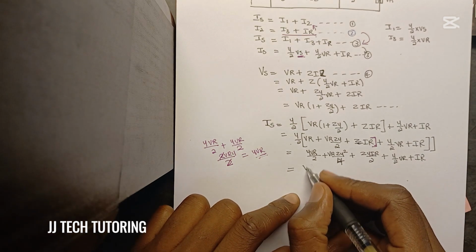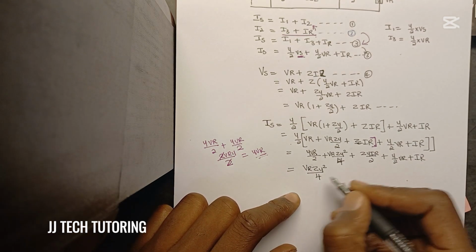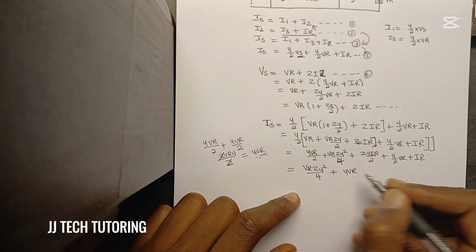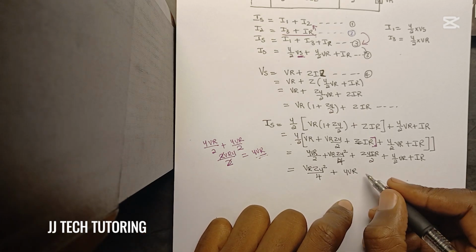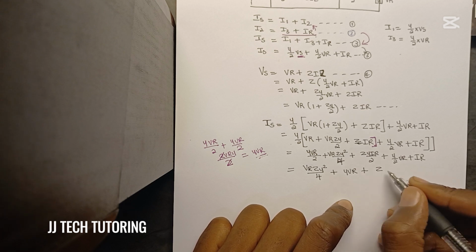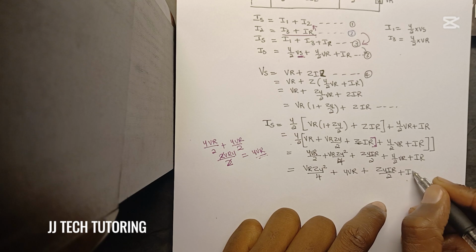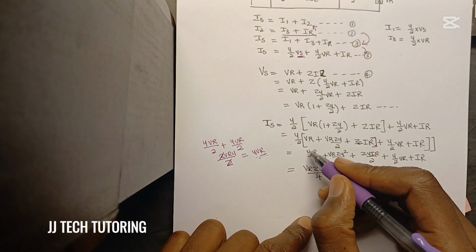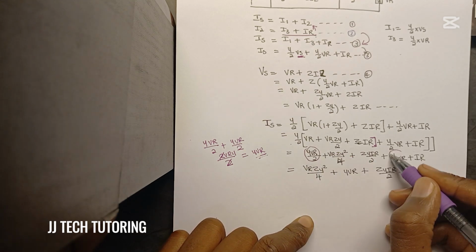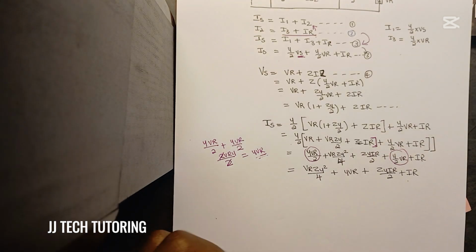Now, this is VR ZY squared over 4 plus YVR, then plus ZYIR over 2 plus IR. Again, remember that these two are like terms and we eliminated them.